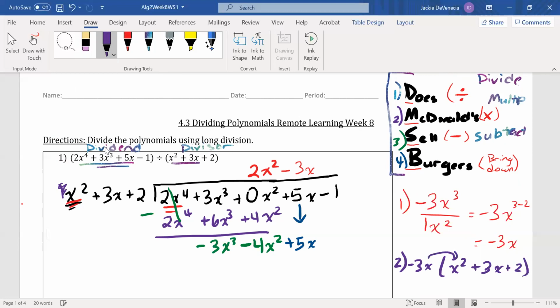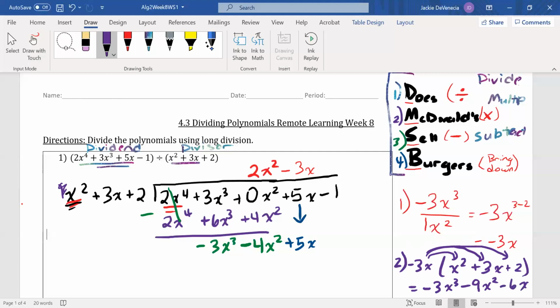So negative 3x times x squared, that's going to give you negative 3x cubed. And then negative 3x times 3x, that's going to give you a negative 9x squared. And negative 3x times 2 will give you a negative 6x.